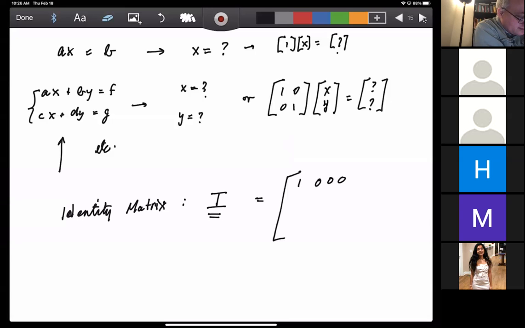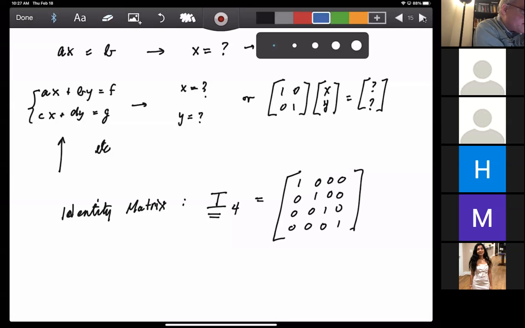Let me just give a specific one. This is I sub 4, or the 4-dimensional identity matrix. It has ones where the row index equals the column index. Over here, we're in row 1, column 1, row 2, column 2, row 3, column 3, row 4, column 4. Those entries are all ones. Every other entry in the matrix is 0.